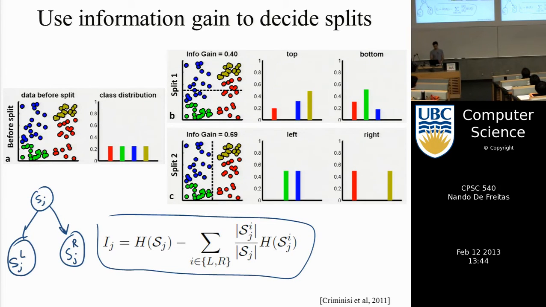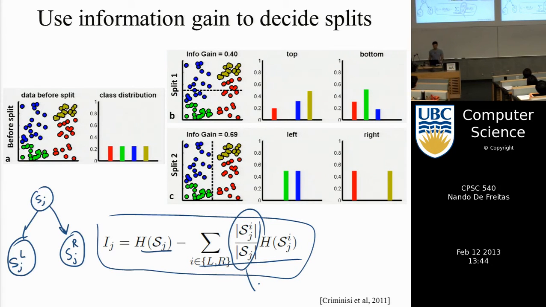And so essentially what we do is we compute the entropy of Sj and we subtract the expected entropy of the children. This term here is just the probability of ending on the left or the probability of ending on the right. The sum is over the points that went left and the points that went right.